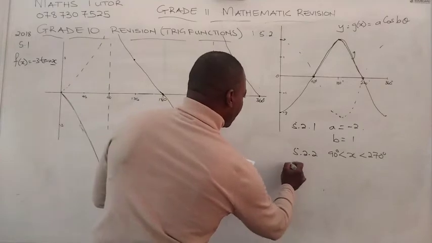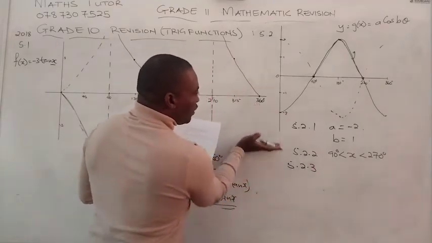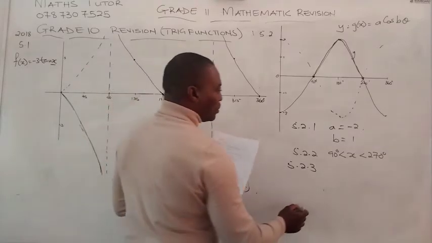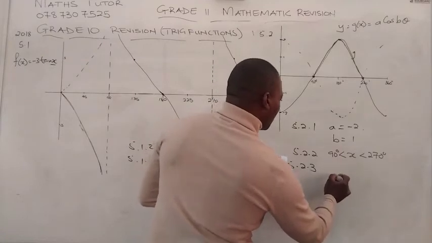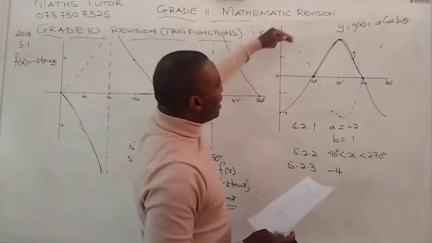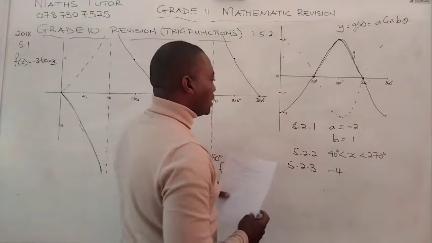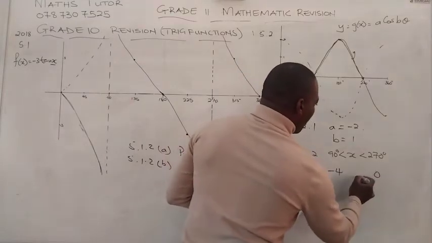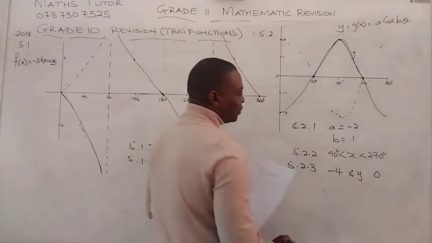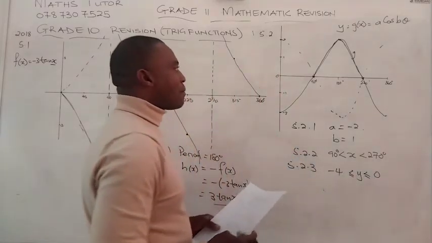So the minimum, if it's shifted down by 2 units, it will go down to -4. And then the maximum, which is a 2, if it's shifted down 2 units, it will come to 0. So our y will be greater than or equal to -4, but less than or equal to 0.